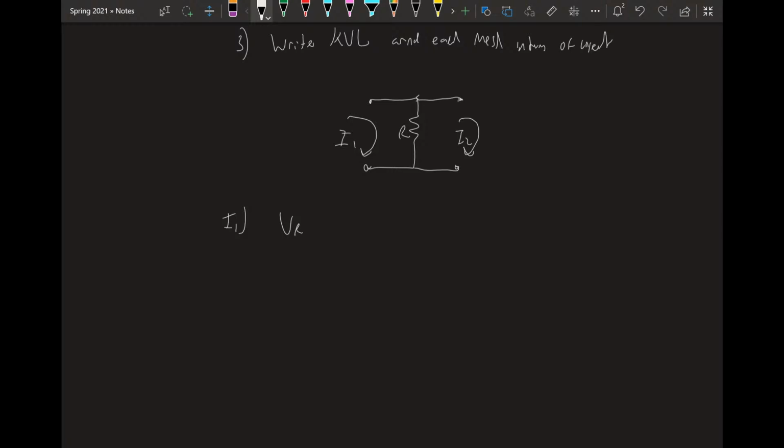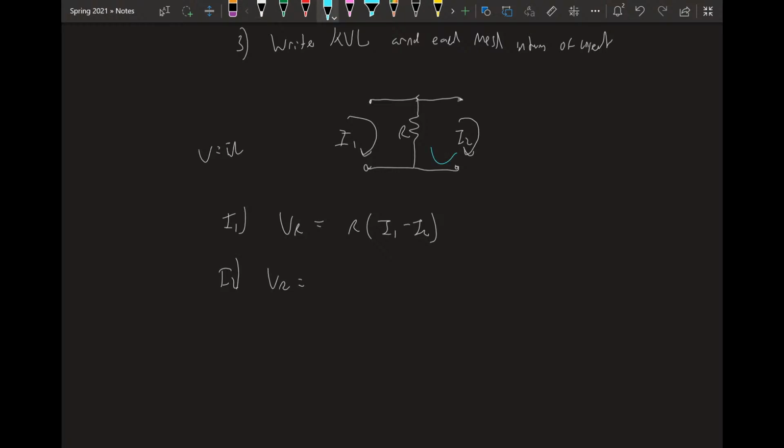From I1's perspective, this is the voltage across R. So using Ohm's law, V equals IR, it's R times I1, which means I1's going the correct way through R in our definition, minus I2, going the wrong way through R in our definition, right? From I1's perspective.